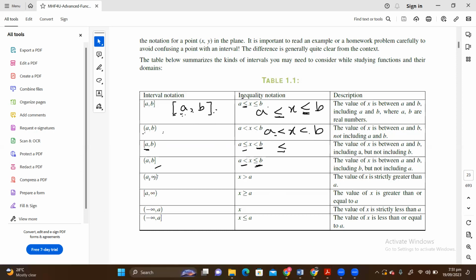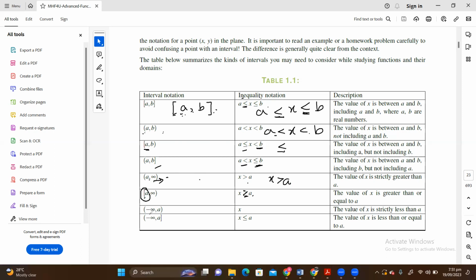Here the interval is going towards positive infinity, meaning x is greater than a. Both ends are not included, because we don't have any limit where it is stopping. We don't have any b, we don't have any number. It's going towards positive infinity, meaning x is greater than a. Now, a to infinity with a closed bracket means a is also included and it goes towards positive infinity, so we will have greater than or equal to.